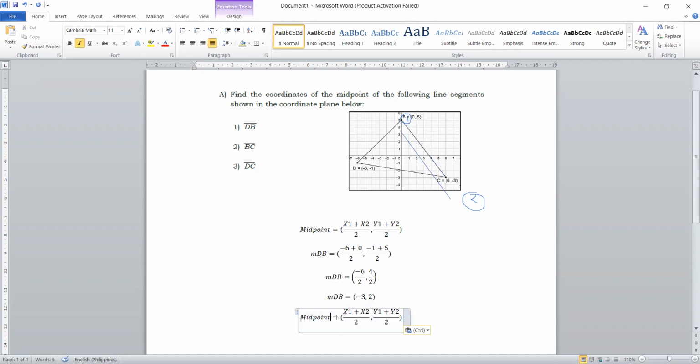So the midpoint of BC now is, you have there x1 is 0, x2 is 6, so 0 plus 6. And then y1 is 5, y2 is negative 3, so that's 5 plus negative 3.